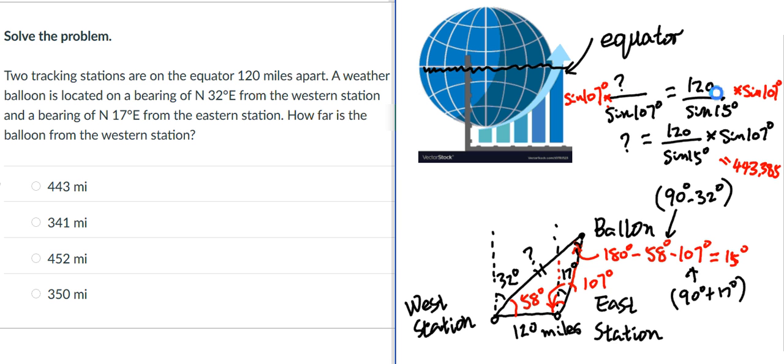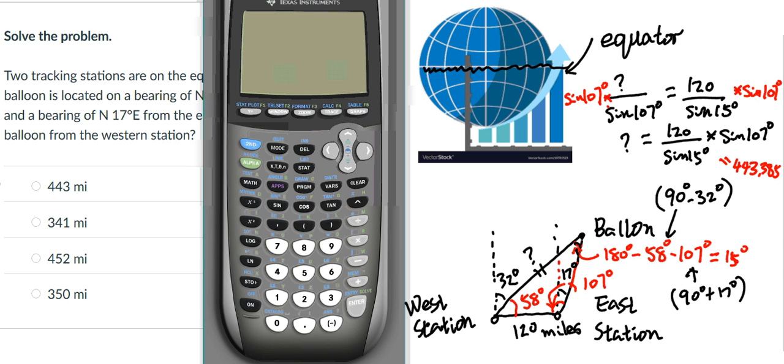That will be 120 times sine 107 degrees divided by sine 15 degrees. Or you can do cross multiplication: 120 times sine 107 divided by sine 15.